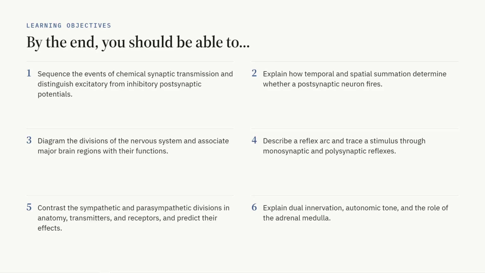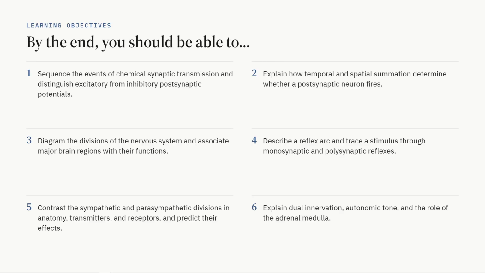Before we dive in, here's what you should be able to do by the end. Sequence the events of chemical synaptic transmission, and tell excitatory from inhibitory responses. Explain how summation, adding signals together, decides whether a neuron fires. Diagram the divisions of the nervous system and match brain regions to their job.